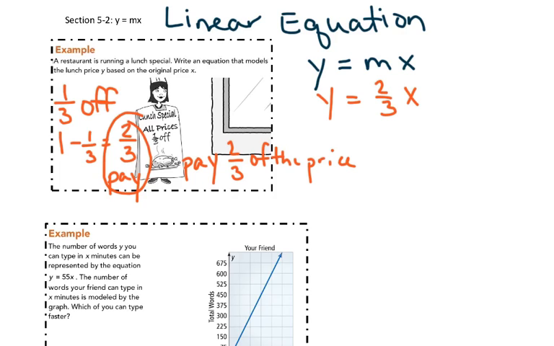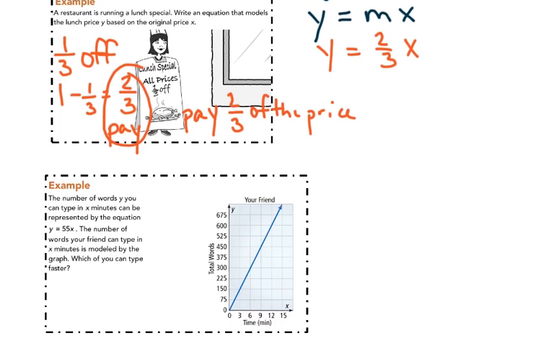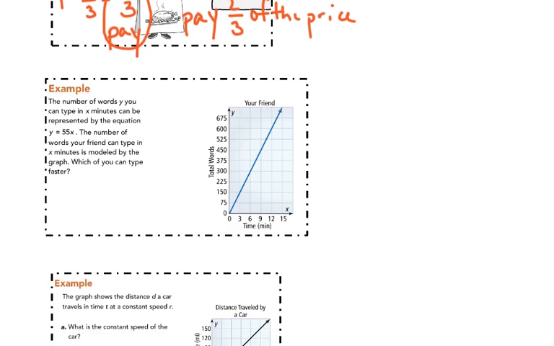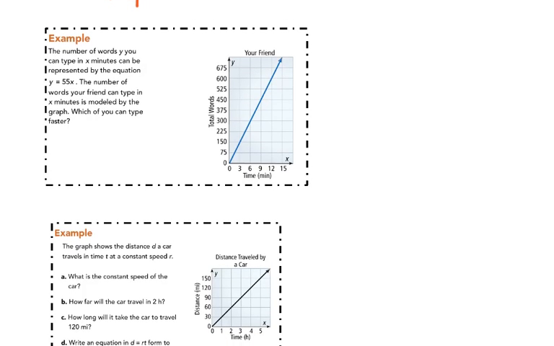Moving on to the second example, this is also an example of a proportional relationship because you can see it is a straight line. And remember, the origin is the point 0, 0, so it goes through the origin. So that means that it will have an equation of y equals mx.